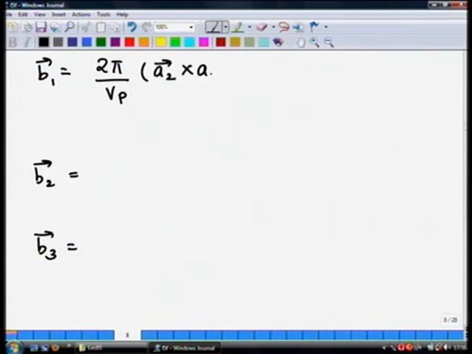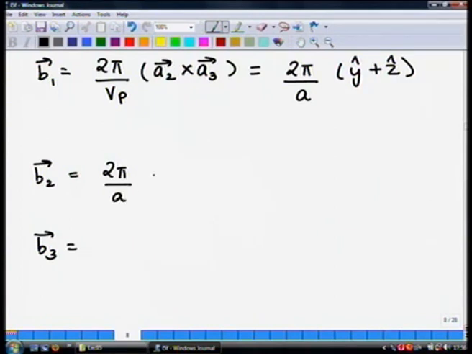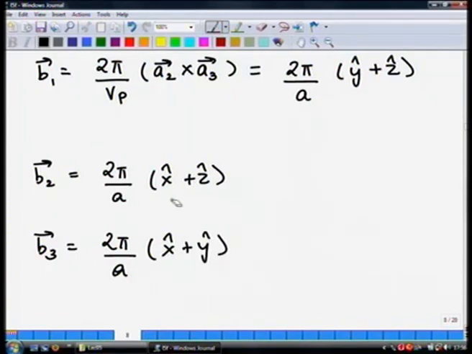So, you go ahead, do this calculation, and we will find that B1 will come out as 2 pi by A, and B2 will come out as 2 pi by A, and B3 will come out as 2 pi by A, or z plus x actually. In fact, let me write it down as z plus x.